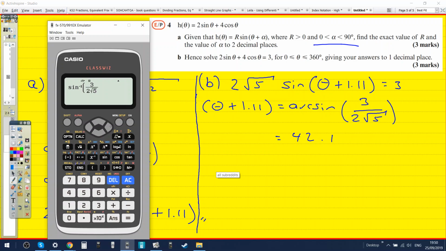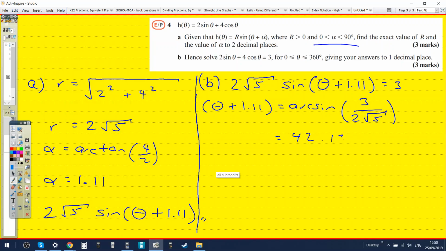And we subtract 1.11? Or is it add 1.11? What would you have to do to theta to turn it into theta plus 1.11? You add 1.11. Yep. So the boundary is theta plus 1.11, so 361.11.